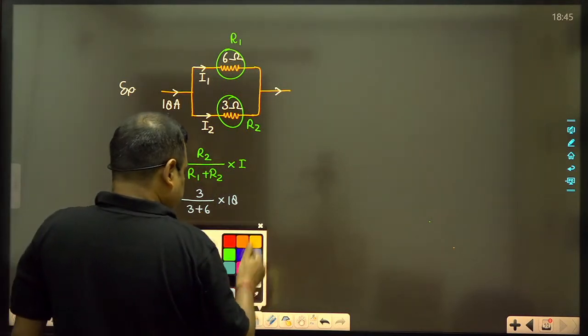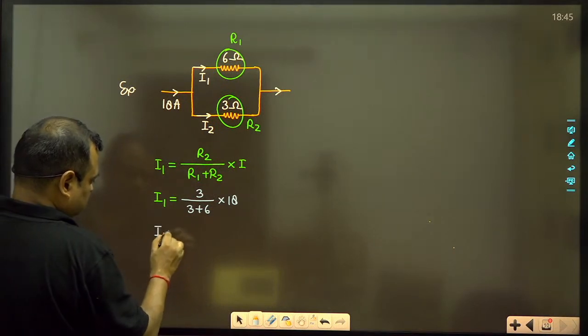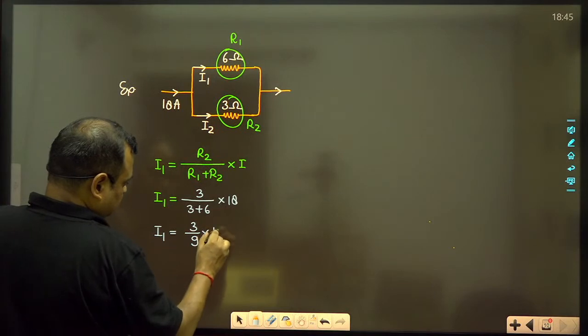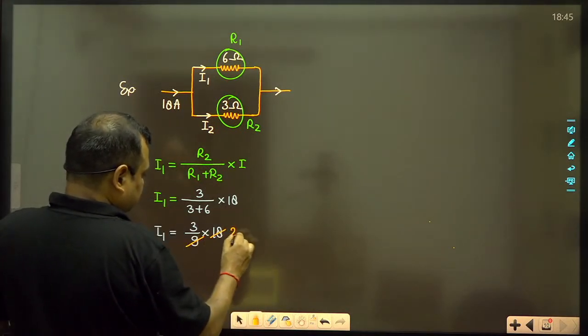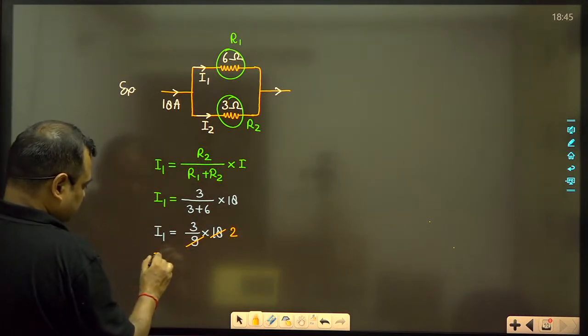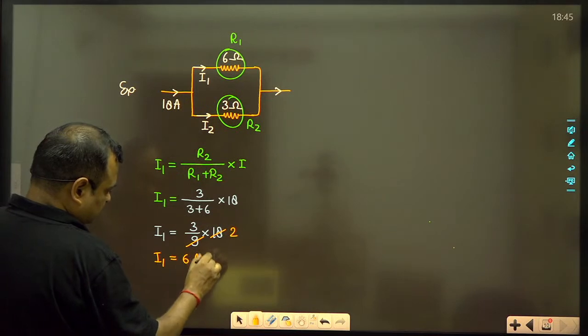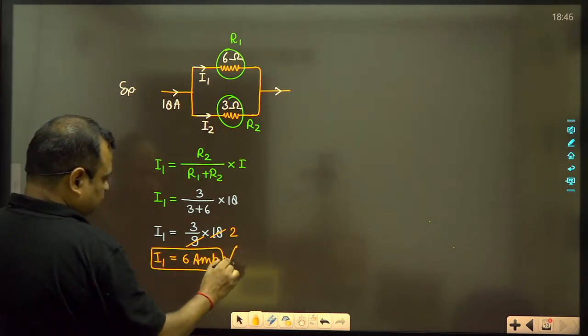Okay, so I1 is equal to 3 upon 9 into 18. Okay, so 9 to the 18 and 3 to the 6. Okay, so this is I1 and this will be equal to 6 ampere.